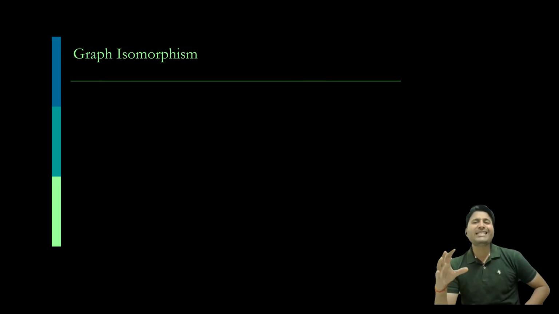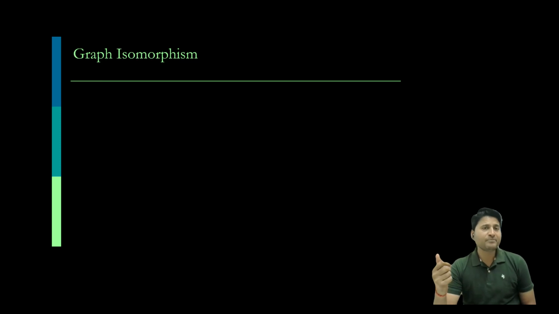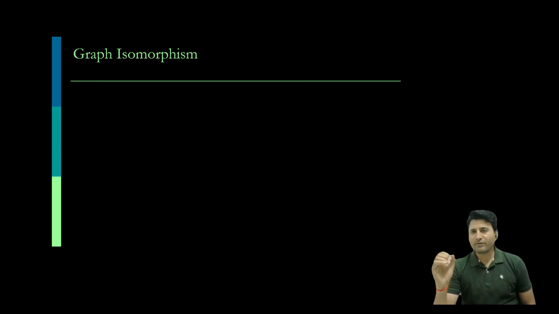We check each and everything between the pair of graphs, and if each and everything is the same between them, the graphs are said to be isomorphic. If you are able to find at least one difference between them, we call them a non-isomorphic graph, non-identical graph.